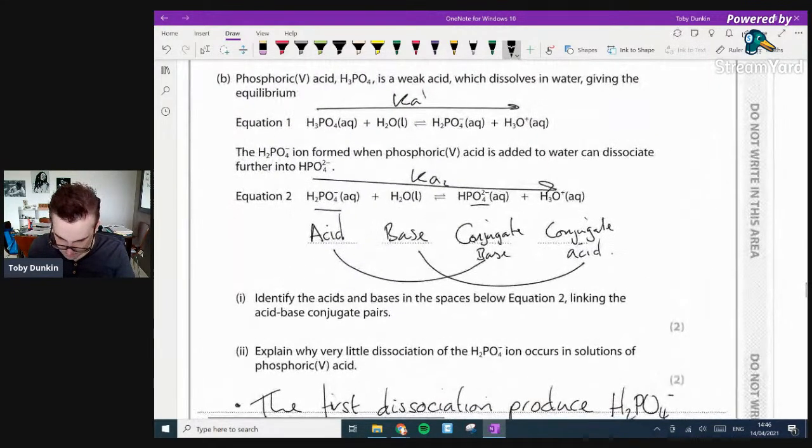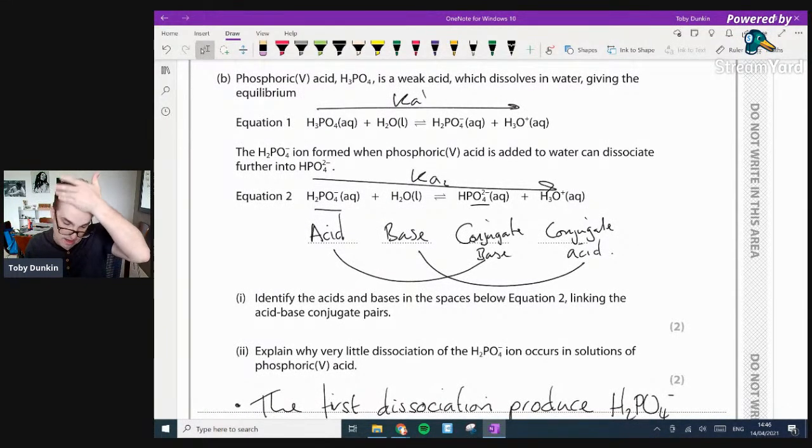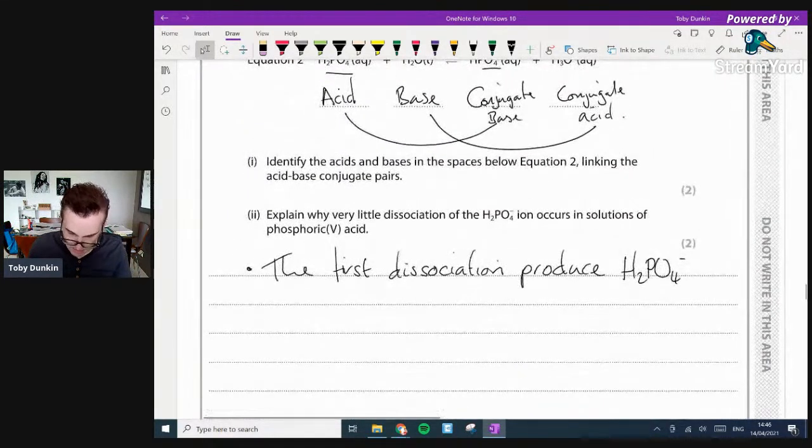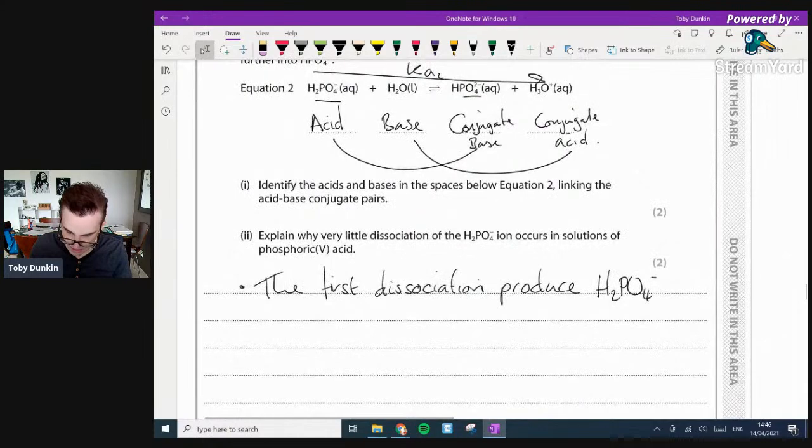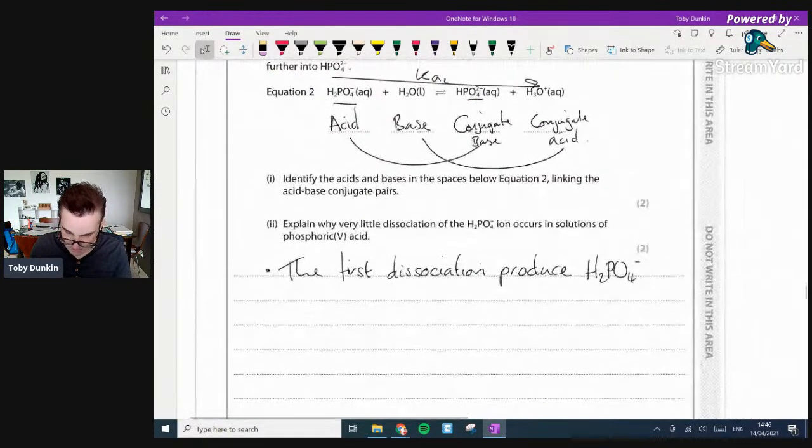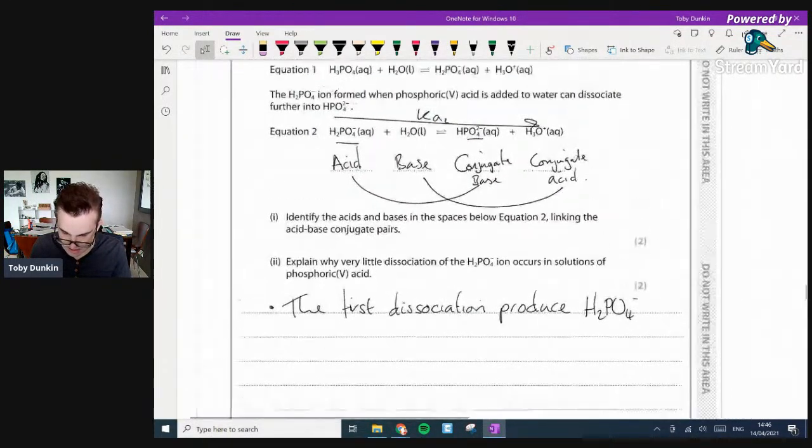Now, it also creates H+. Now that H+ would push the second equilibrium back. Explain why very little dissociation of the ions occurs in solution of phosphoric acid: the first dissociation produces this.